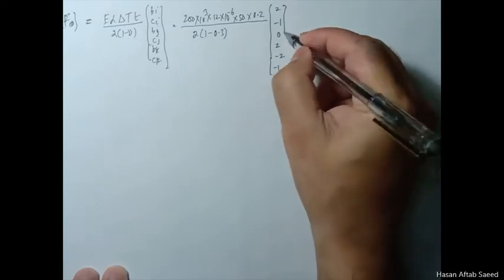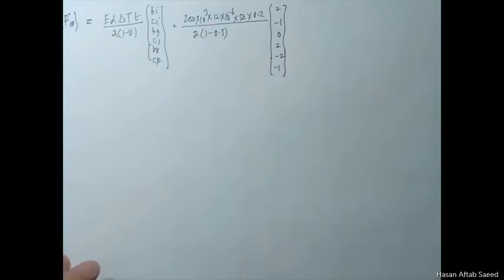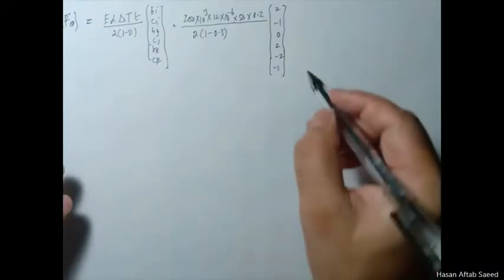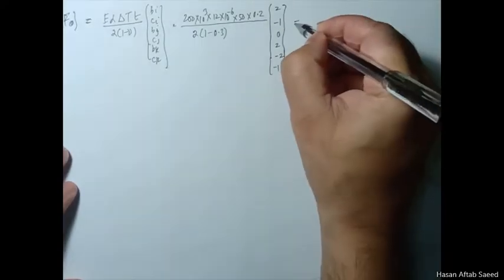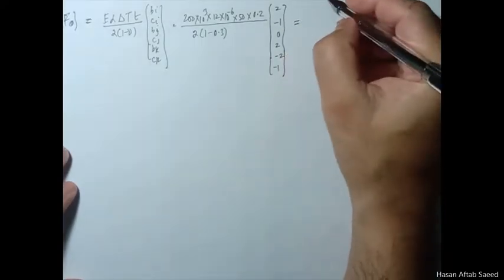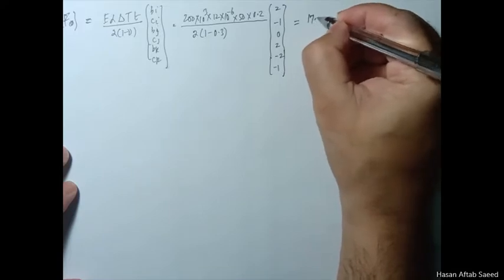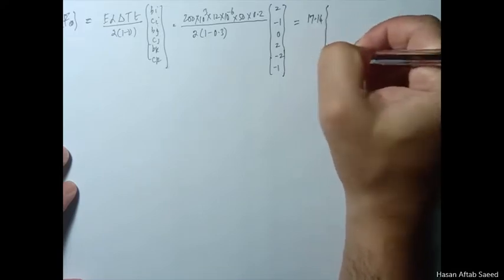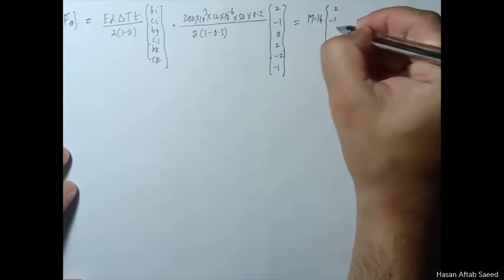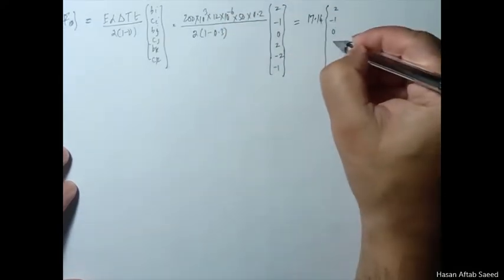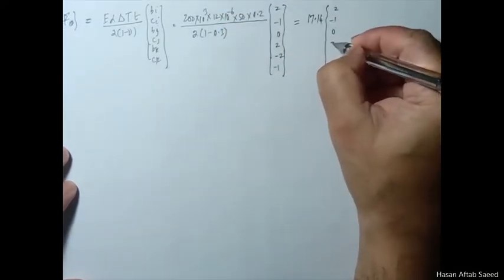These we all calculated when we found the B matrix. So these are the values, and if you simplify them, this is your final expression. We just multiplied these values with each other.